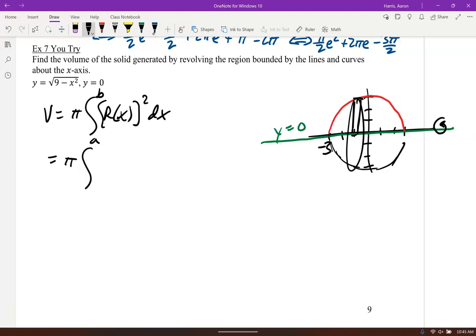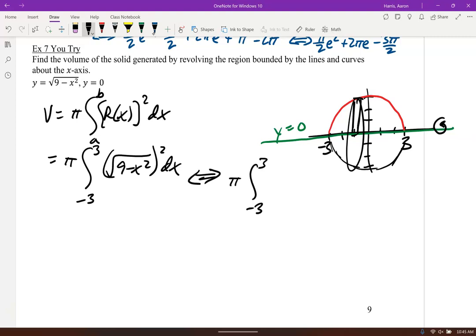So we're going from -3 to +3. The square root of 9 minus x squared is being squared, that'll undo the radical. Now we can go ahead and integrate that.